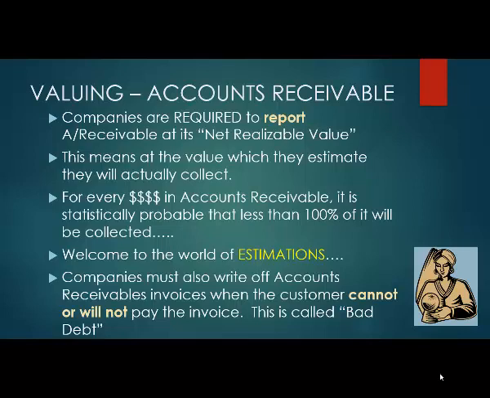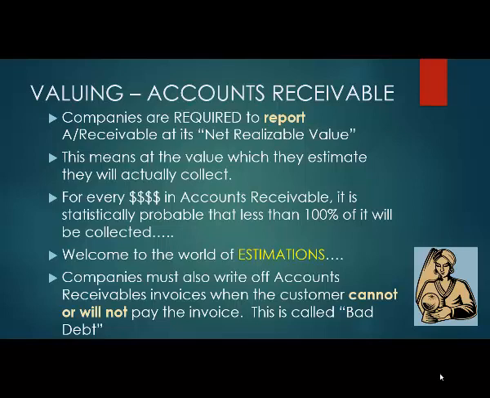Estimations are not black and white. They require judgment and a rational basis for the estimation. Companies have to provide history, data. They have to consider current economic conditions to come up with the estimation. Finally, after the estimate is made, a journal entry is made to reflect the estimate.